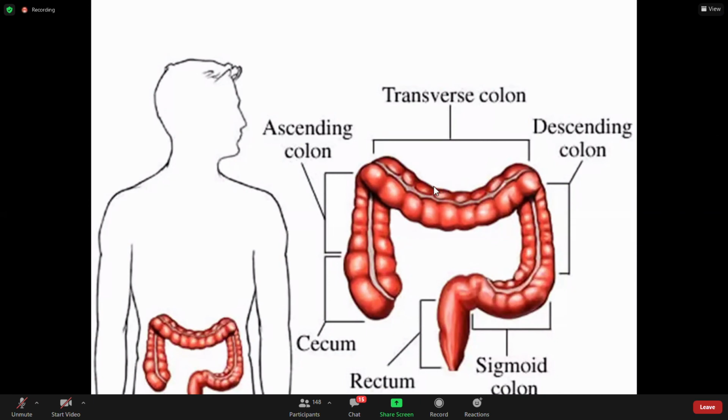And this longitudinal muscle layer is not present around the whole circumference of your large intestine, rather it is concentrated at 3 places. In case of your cecum, ascending and descending colon they are anterior, posteromedial and posterolateral, while in case of your transverse colon it is placed superiorly, inferiorly and posteriorly, right? So this is how your haustrations are formed in case of large intestine.